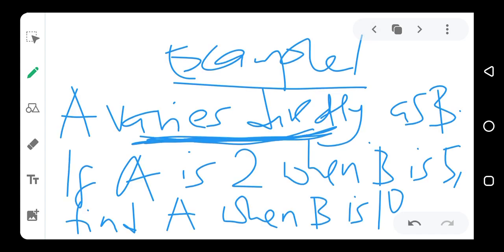So we now say that if they are varying directly, then we have different A and different B. Of course, we have the first A, which is 2, and first B, which is 5, and then we have another B, which is 10, and then we are looking for another A. So we have A1 and A2, B1 and B2.